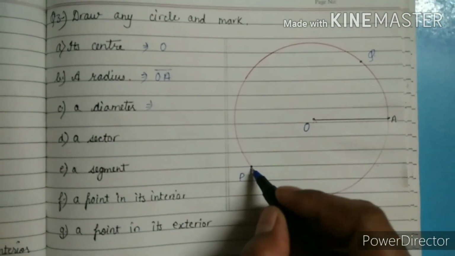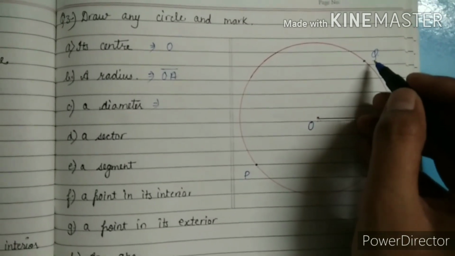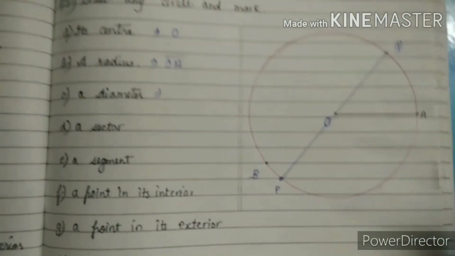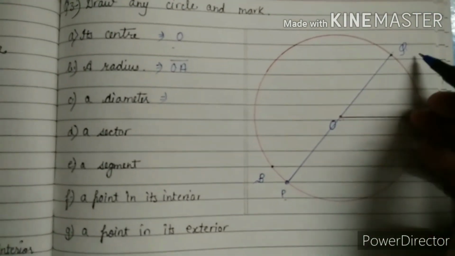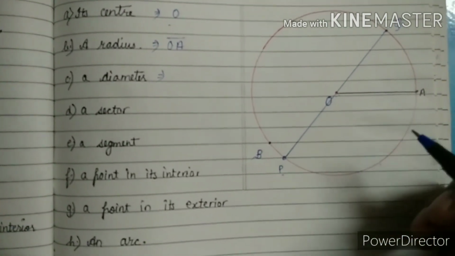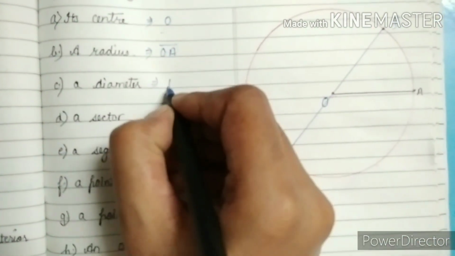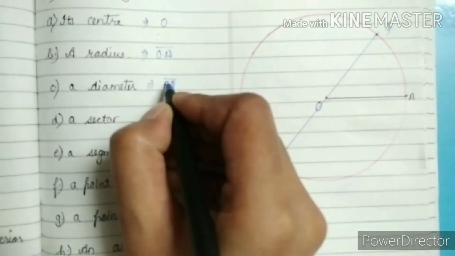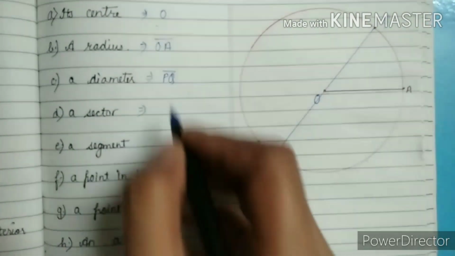I will connect P to Q with the help of a scale. As you can see, P to Q passes through the center point of the circle. So the diameter name is PQ. It is a line segment, that's why we have to draw a line.